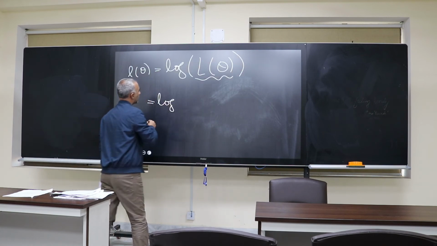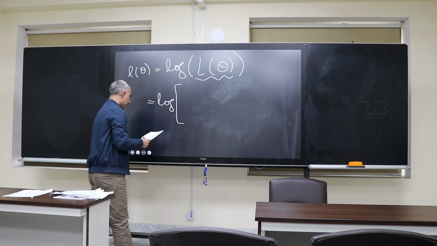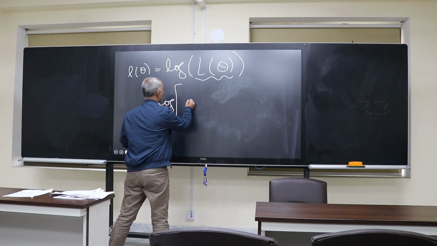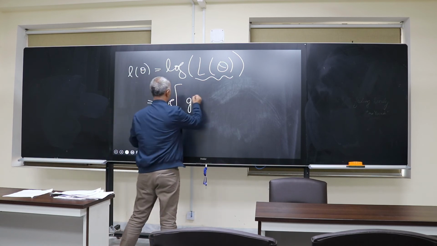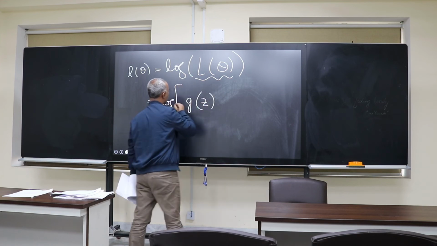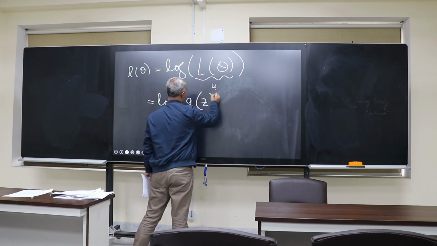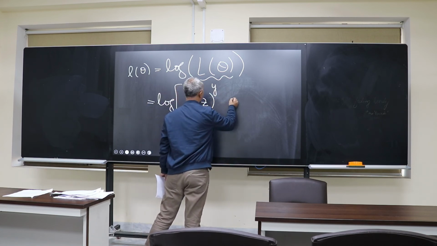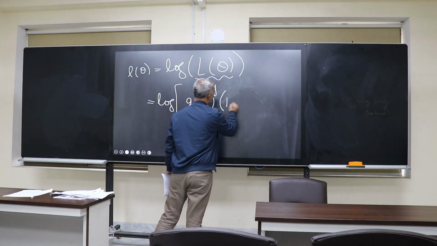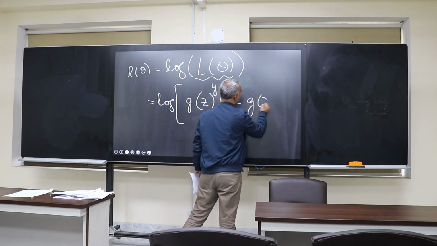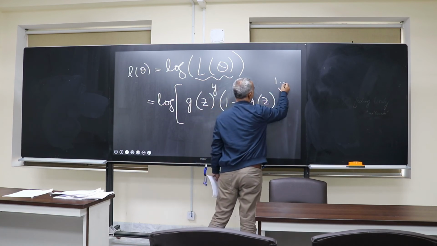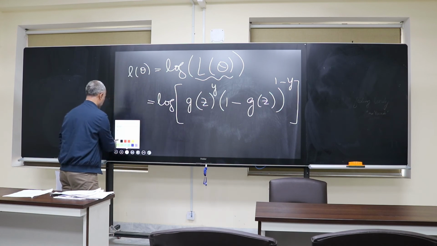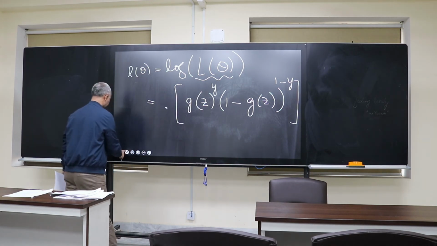So log, we will say here g of z, okay, here y, and 1 minus g of z, 1 minus y, and oh sorry, here I need to mention this, okay.